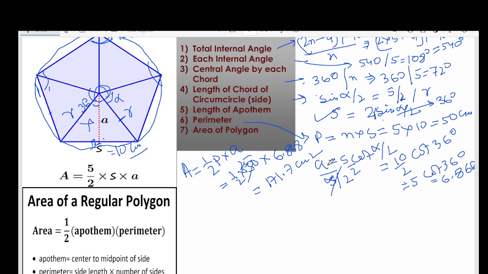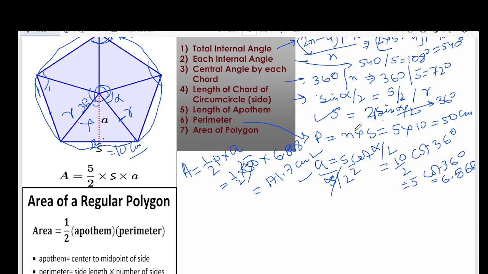And from this formula you can put the value of the side to get the A. Similarly, they may ask to find out the value of the chord, so indirectly that is the value of the side. How will we find out? In this case, what is S? You can find out S or chord like this, 2R sine alpha by 2.